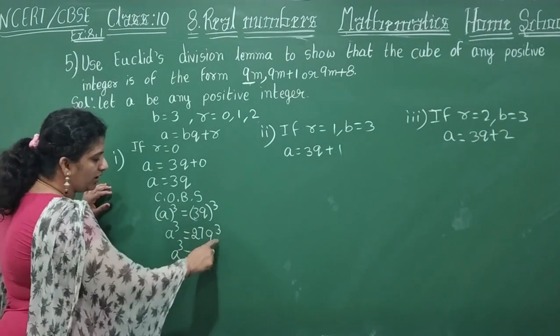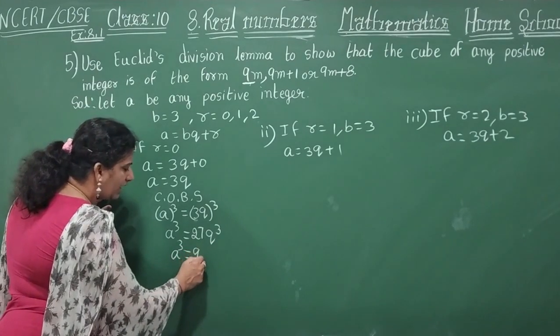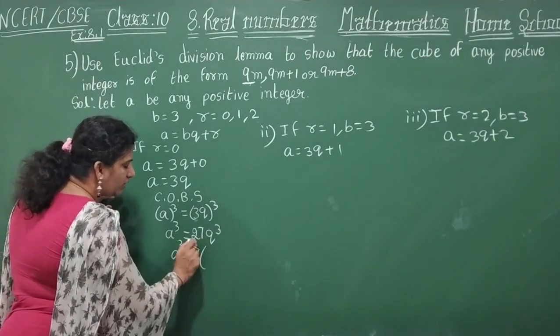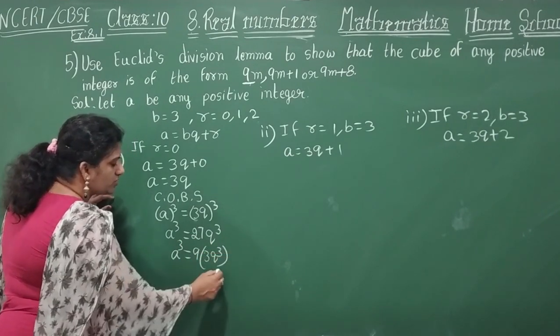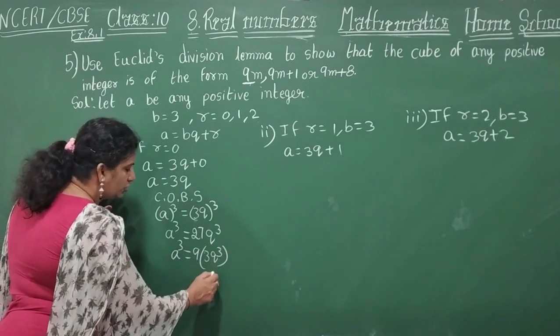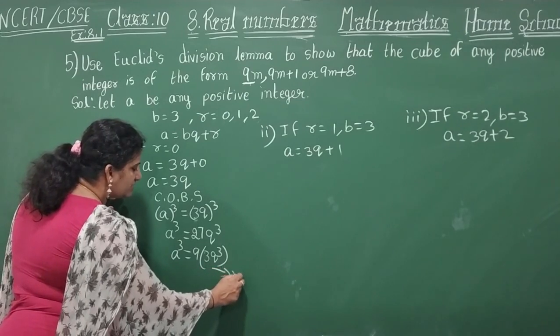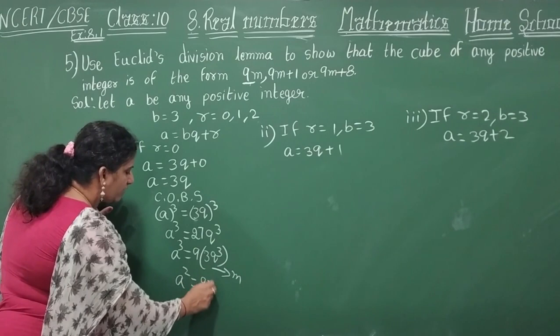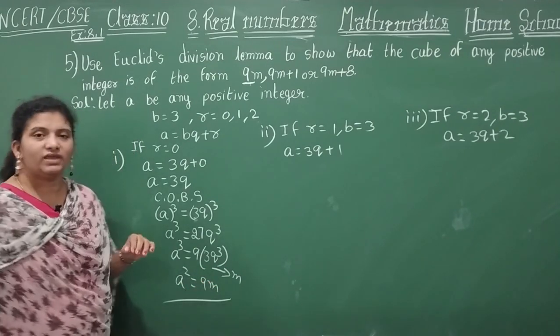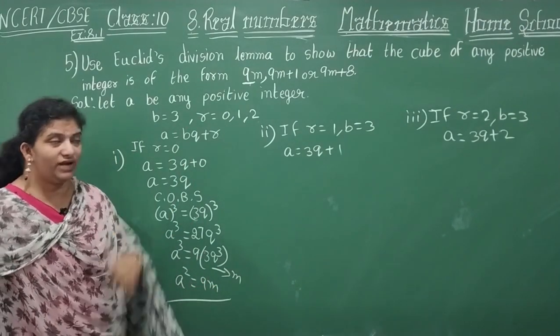So now look here, 9 is common. You can take 9 common now. If you take 9 common, 9 3s are 27, 3q cube. So now let me assume this as m. Therefore, what I can say, a cube is equal to 9m. Yes, your answer is in the form of 9m.